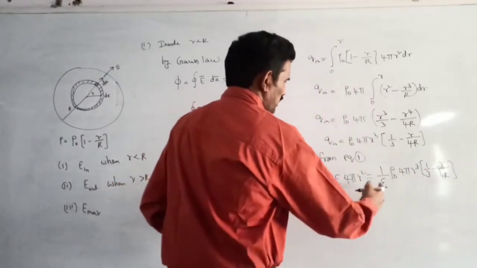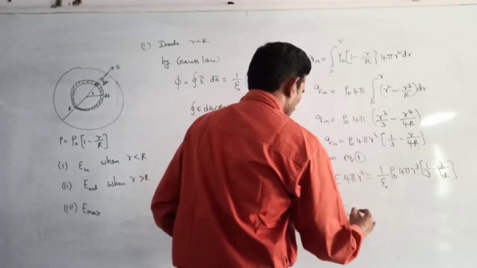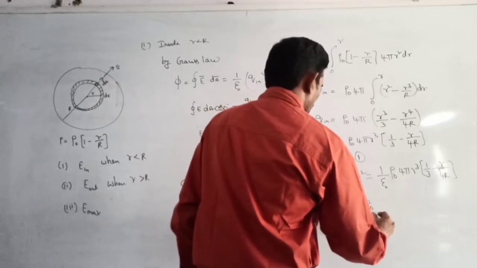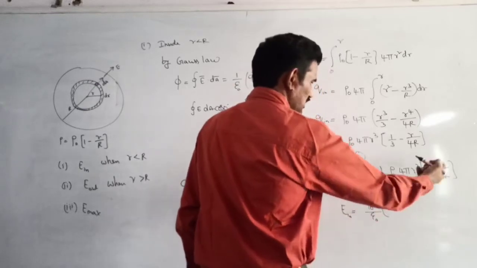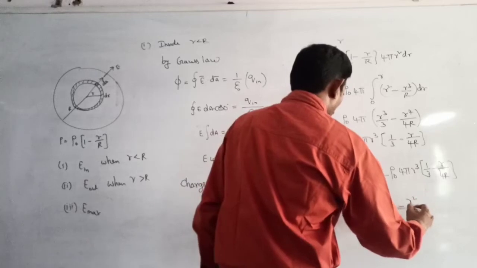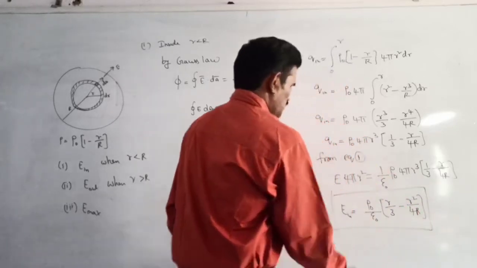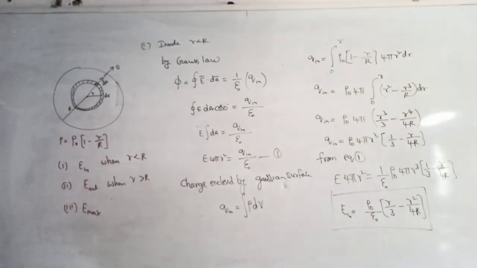So then the 4 pi r square you can cancel, so finally you can write the intensity of electric field inside as rho naught by epsilon naught into, one r will be there, r by 3 minus r square by 4R.